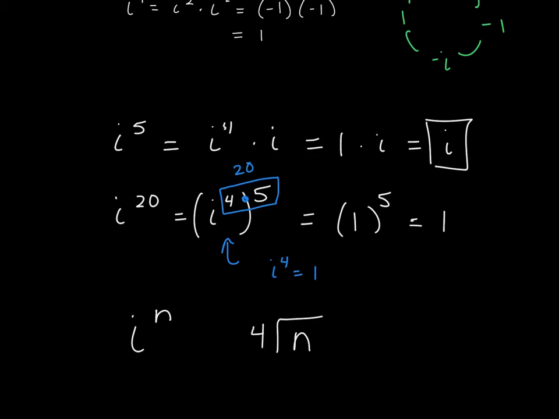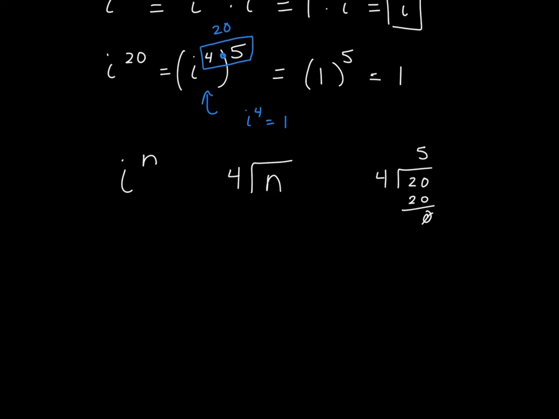So what I had before, my exponent was 20. So I have 20 divided by 4, which is 5. There is no remainder. So that's why I knew to break 20 into 4 times 5.